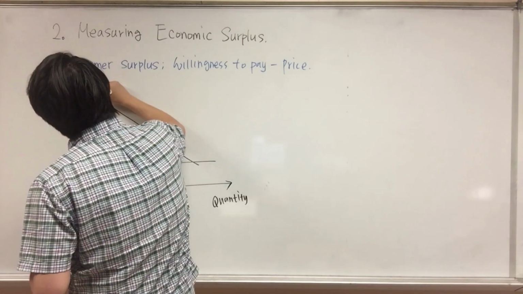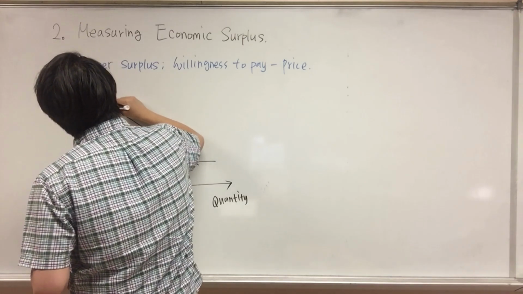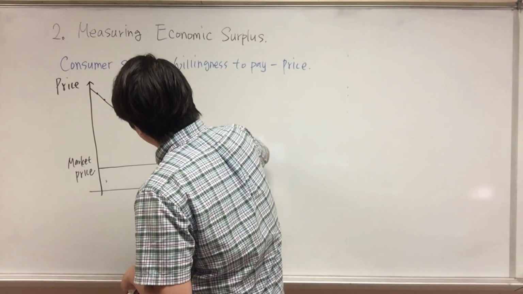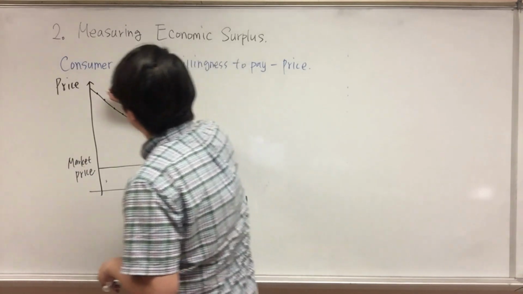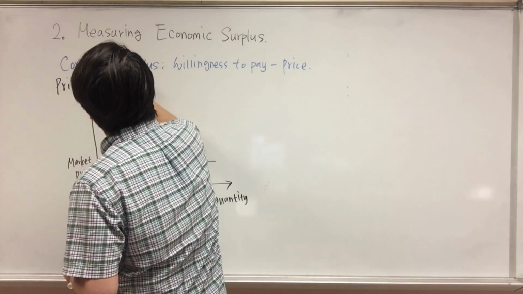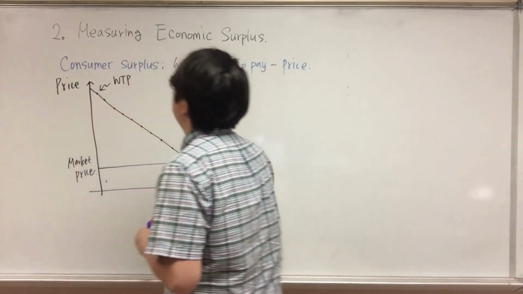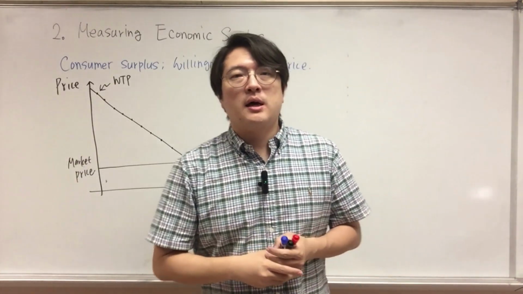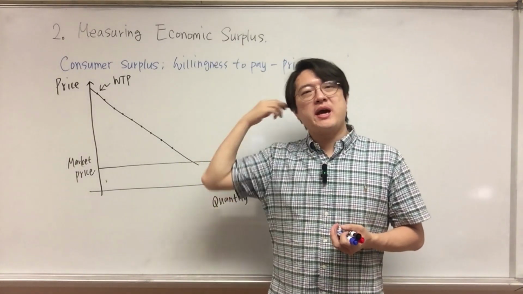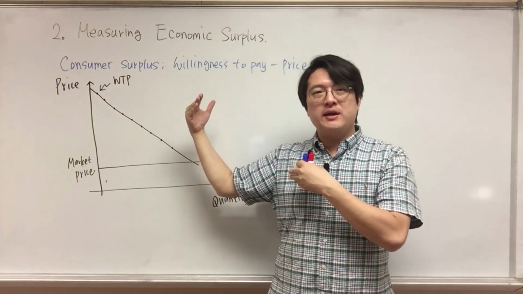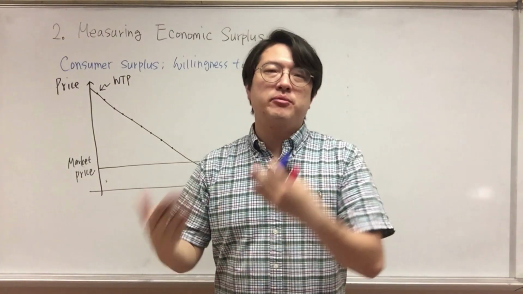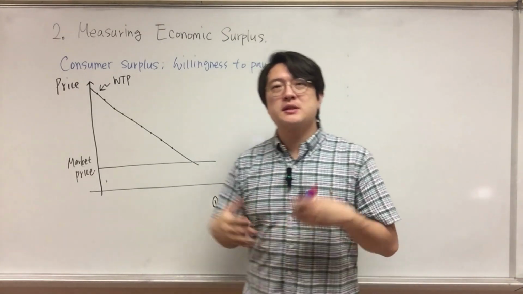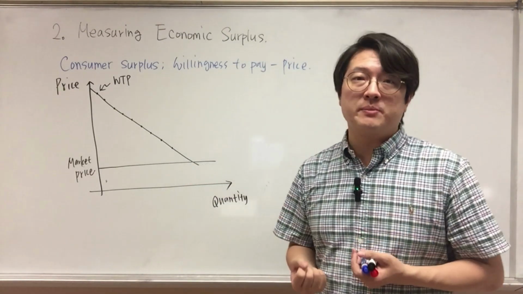At each price, these points are the willingness to pay of consumers, right? Because you pay the price and you get that much marginal profit. This is why the demand curve is a marginal profit curve.